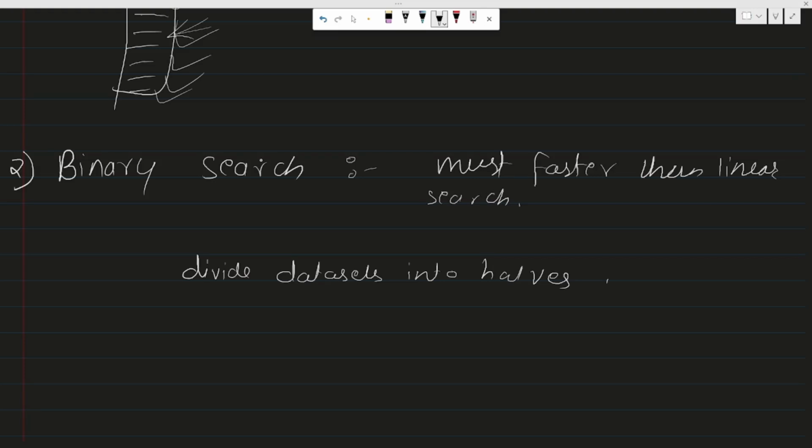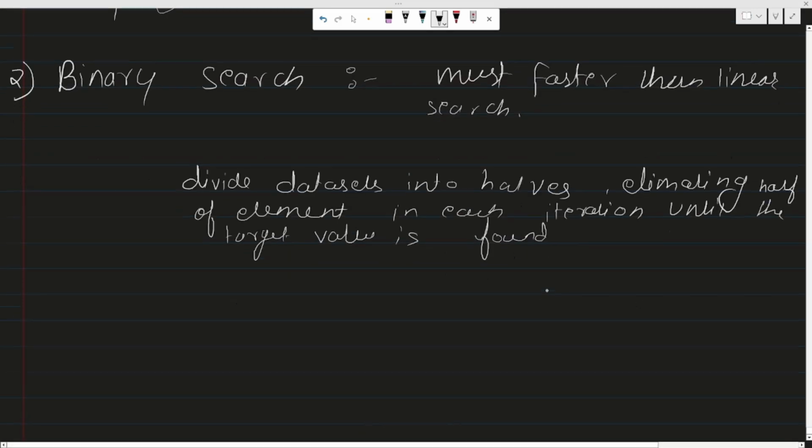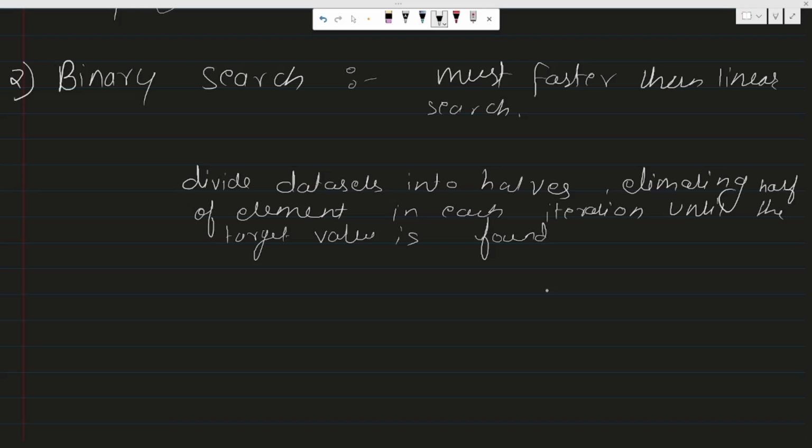This is perfect for a large sorted dataset like dictionaries or a sorted customer dataset.